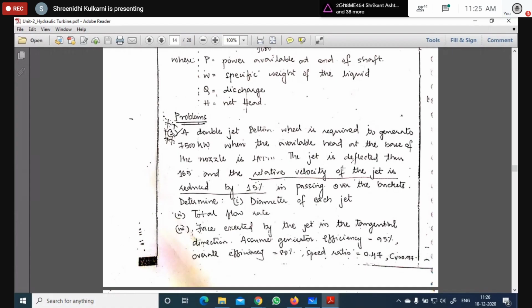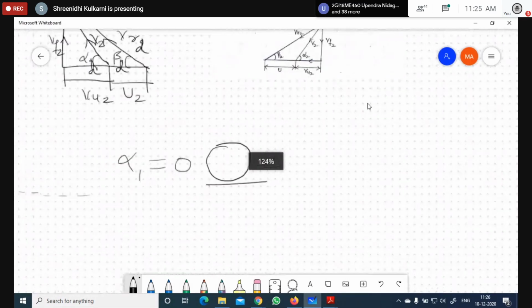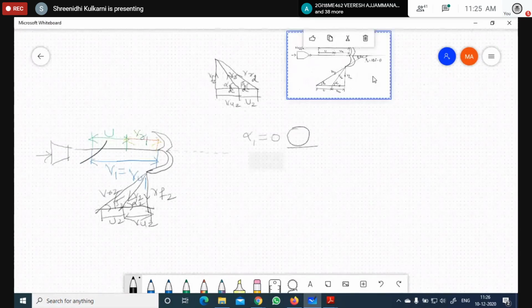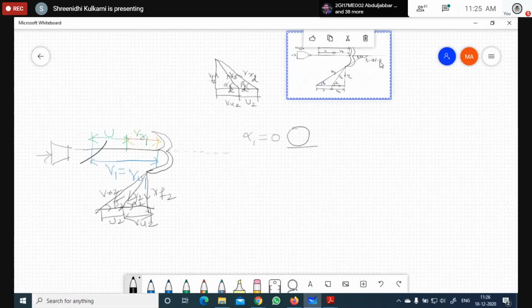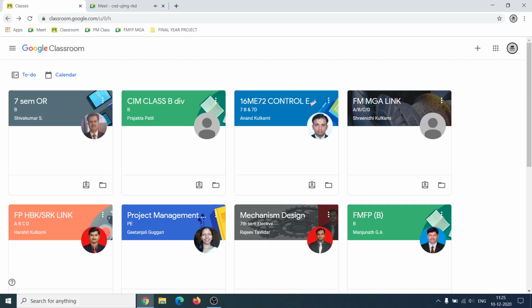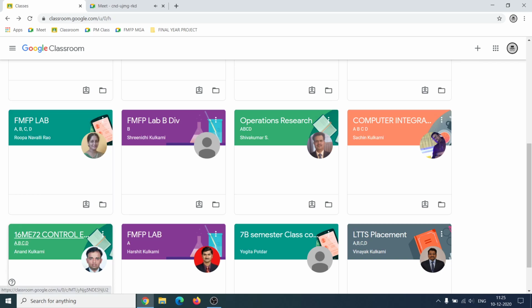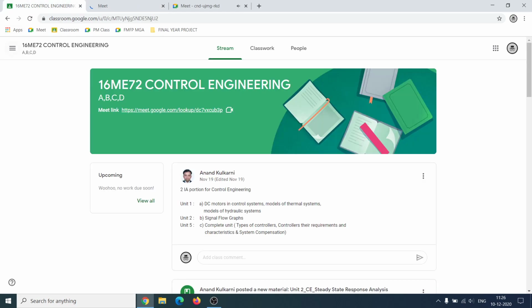If you understood this diagram, 180 minus theta is equal to beta 2. Beta 2 is equal to 180 minus theta. Here they have given that the jet is deflected through 165 degrees. Then what is the beta 2 value? 180 minus 165.